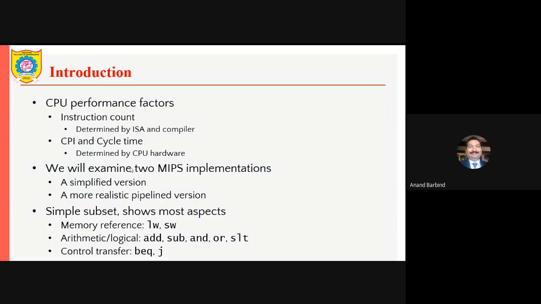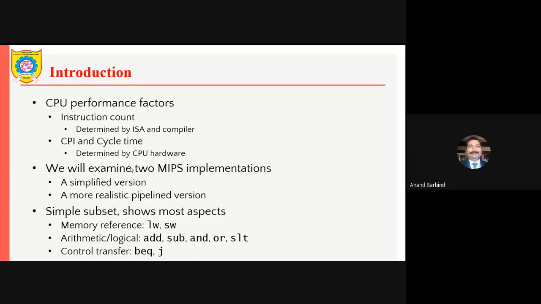so let us take the introduction. Whenever we are designing any processor or any computer, there are certain factors you should look into. The CPU performance factors that we have already discussed include the instruction count, what is the CPI, that is clock cycles per instruction for that processor or computer, and what is the cycle time, which is determined by the CPU hardware.